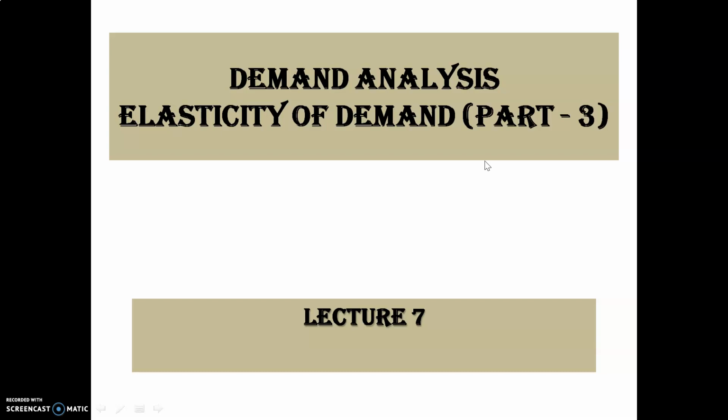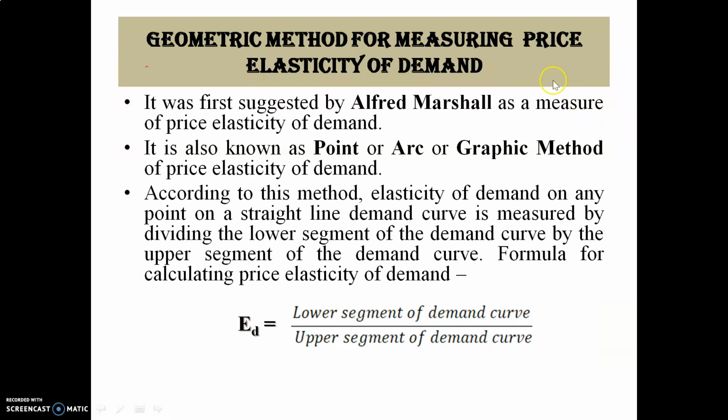So apart from understanding the various types of elasticity of demand, we also tried to understand the various methods of calculation of elasticity of demand, right? So let's move to the next slide for understanding today's explanations in a better way. So today's topic is geometric method for measuring price elasticity of demand.